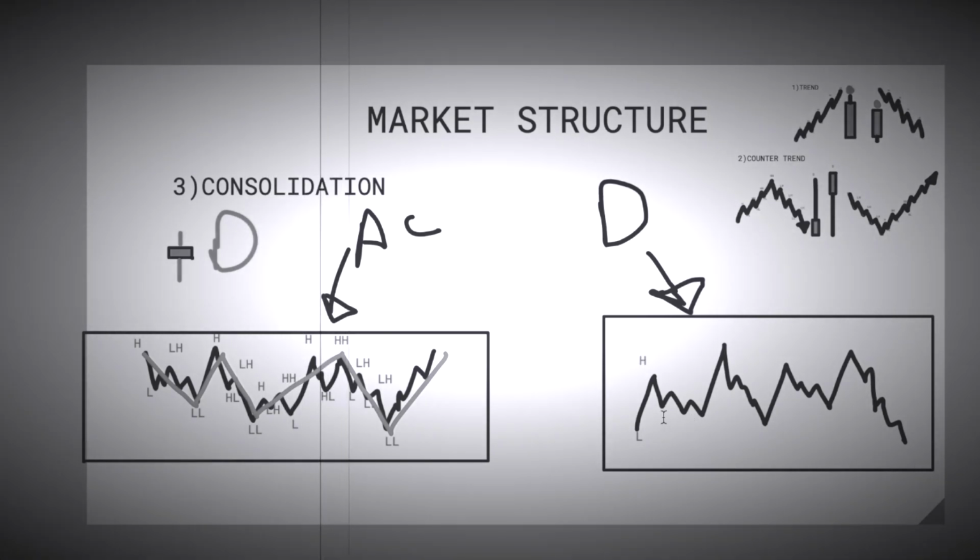So this will be our high low. This will be our high. This will be our low. This will be our lower high. This will be our lower low. Okay, and this will be our high high.